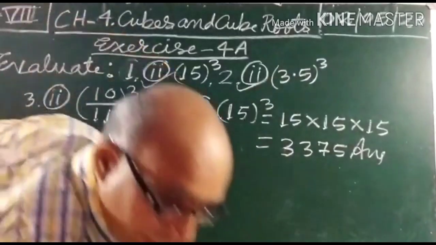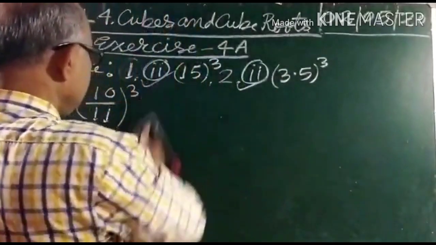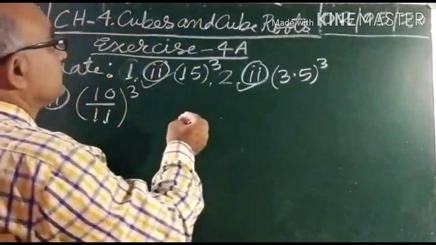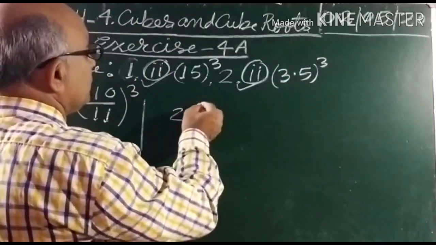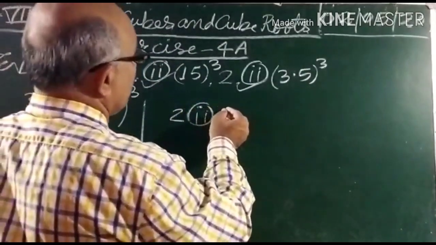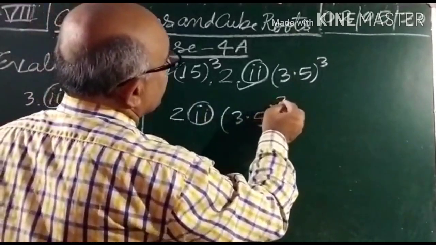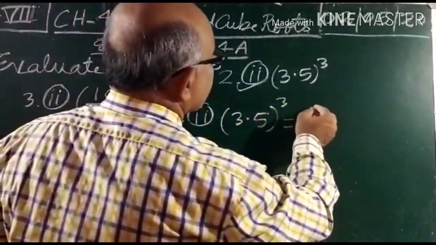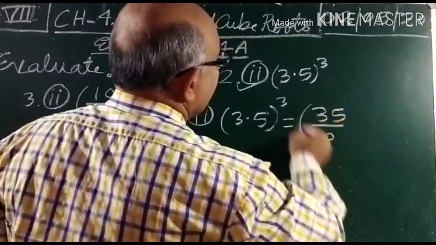Here write it. Question number 2 of 2 is 3.5 cube. Change into a fraction: 35 by 10 cube.